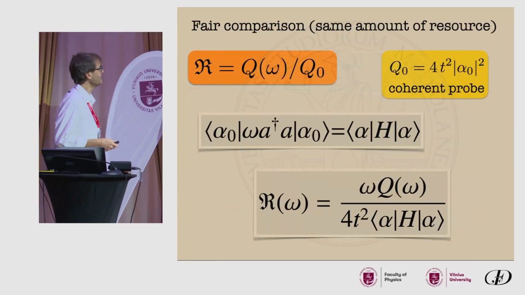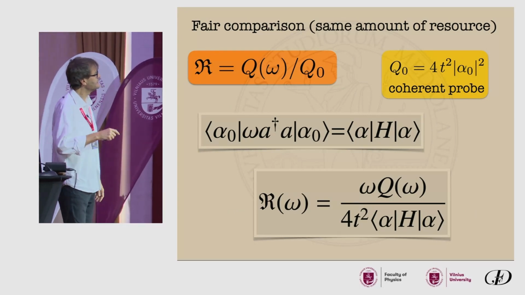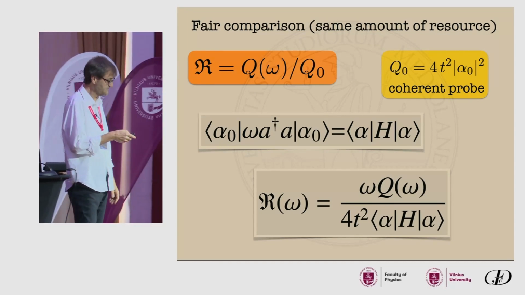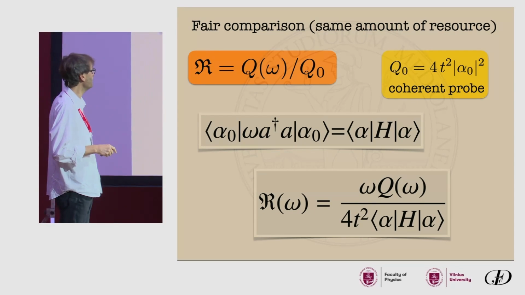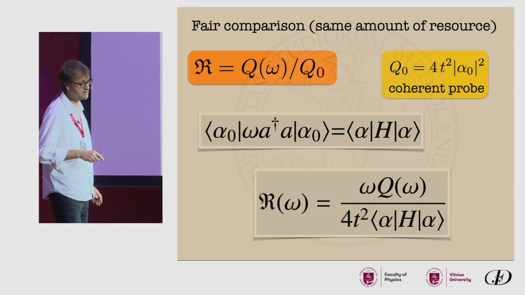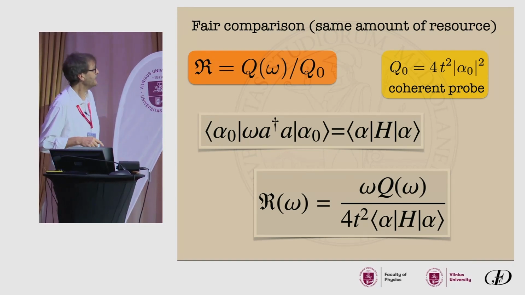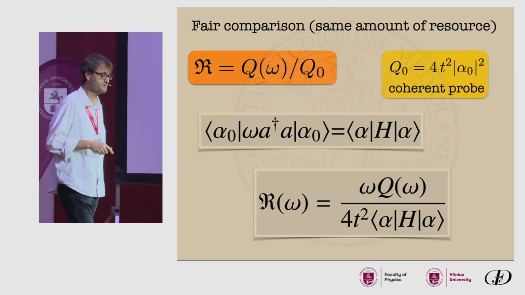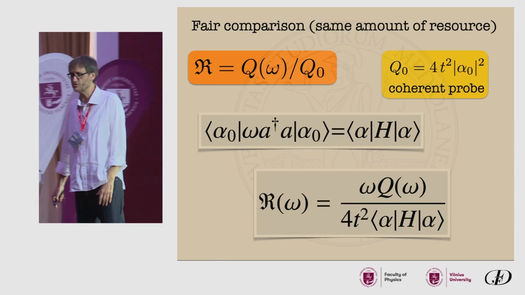So we will be interested in this ratio, the quantum Fisher information of the new strategy divided by the quantum Fisher information of the simple strategy with a coherent probe. In order to provide a fair comparison, we have to give them the same amount of time and the same amount of energy. The same amount of time is easy: just put the evolution times equal.